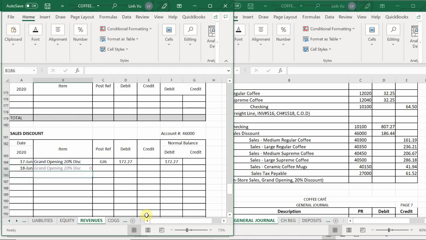So it is 122.27 plus 186.44. It is 358.71. Did you get 71? Yeah. Perfect. Now we have the medium sales.